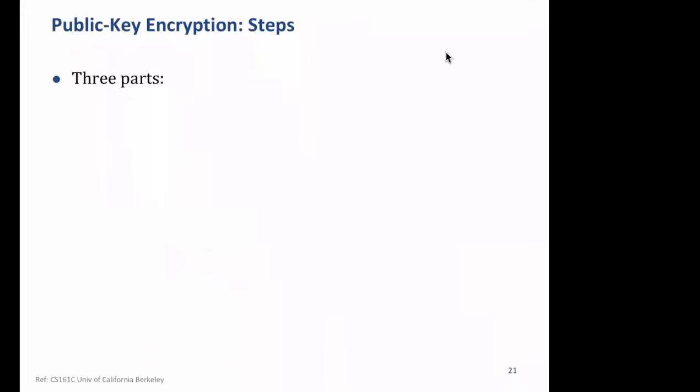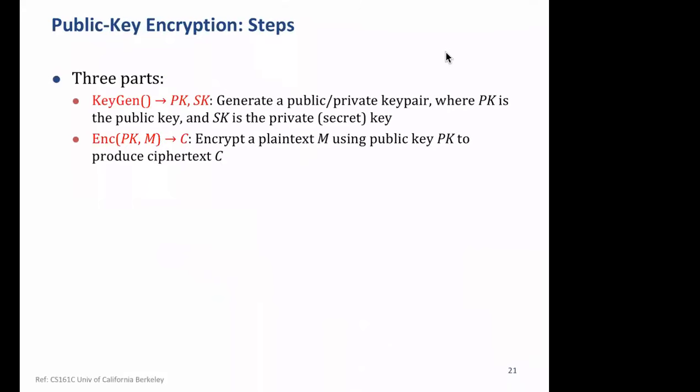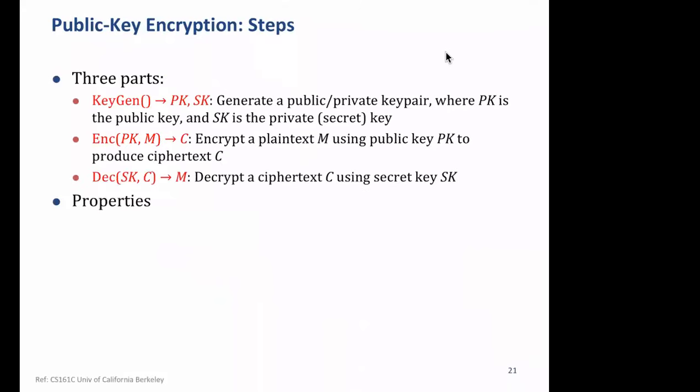I'm trying to give the same concept multiple times using different diagrams, because once you understand it, it's easy to remember. So the basic algorithm has three parts, which you know by now. First is key generation.